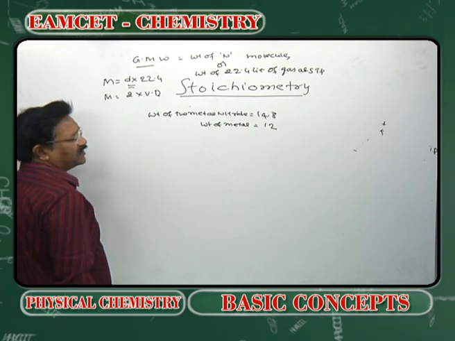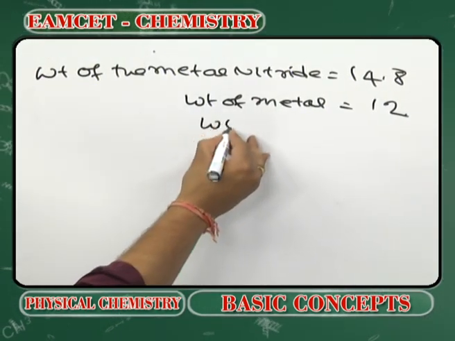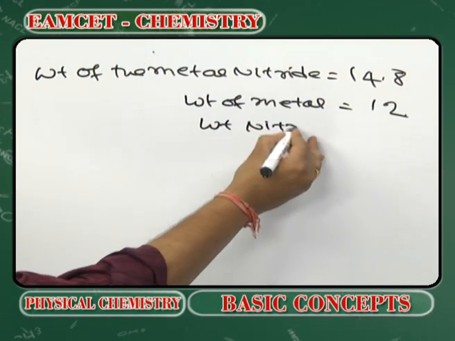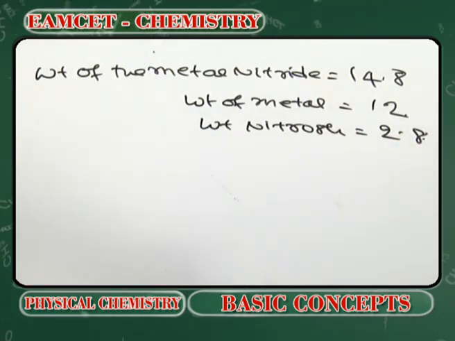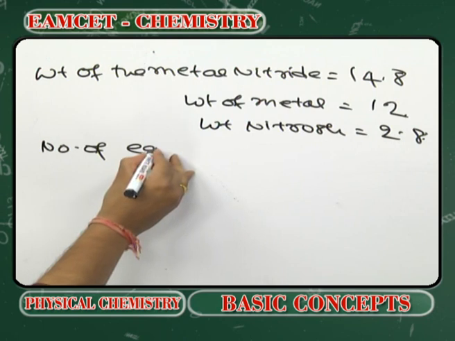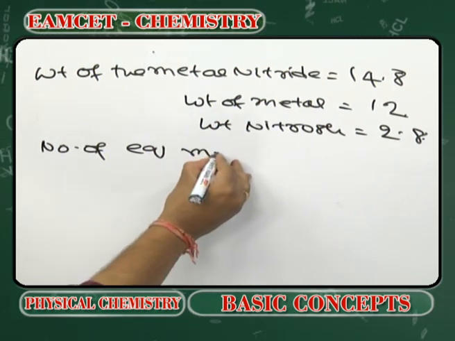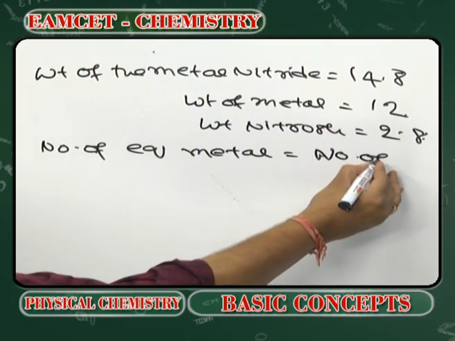Weight of the nitrogen is 2.8 grams. So, number of equivalents of metal must be equal to number of equivalents of nitrogen.